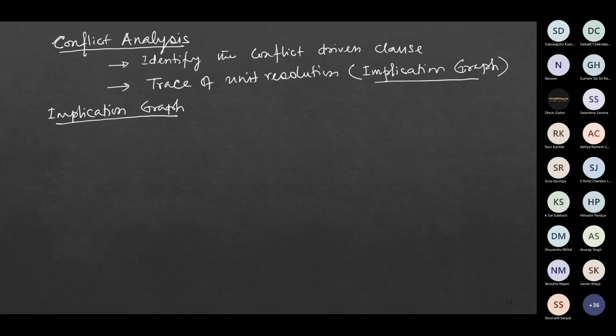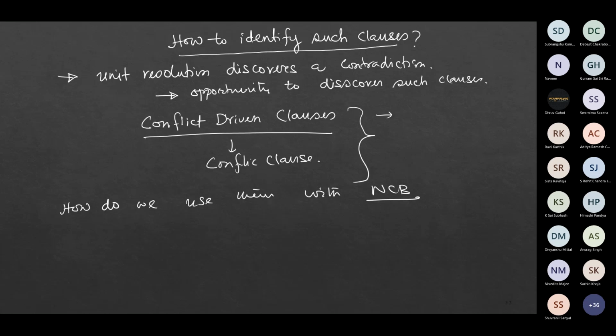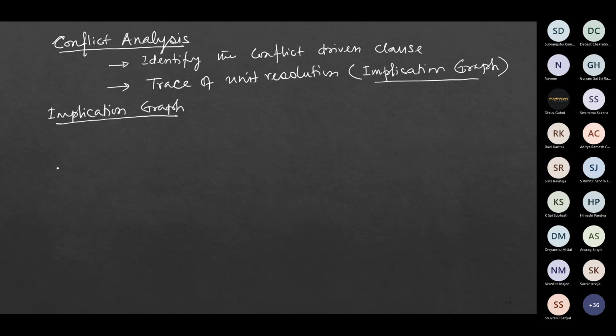I'll be going back and forth. So basically, we are assigning values at different levels. At the 0th level, we are assigning the value true to A. So we are making a decision here, and this particular event is represented as a node in the implication graph.